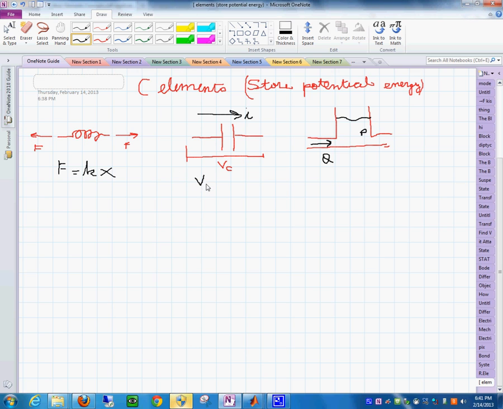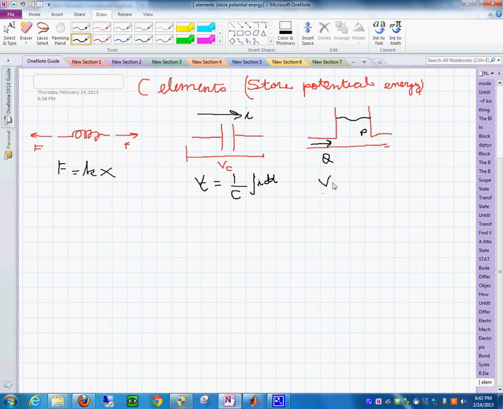This one, the voltage across a capacitor, is 1 over C times the integral of I dt, right? This one here, the voltage of the hydraulic C, what am I saying?